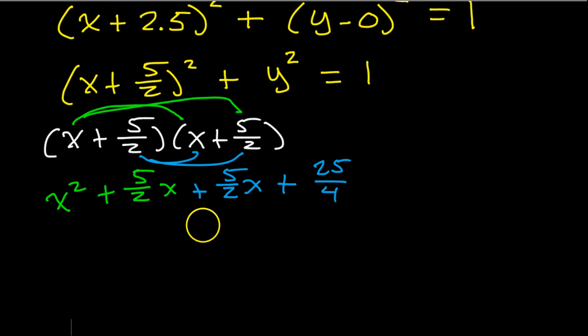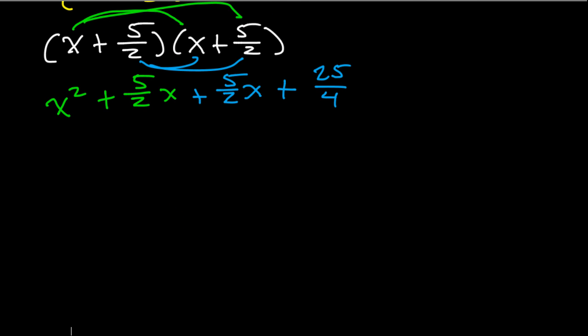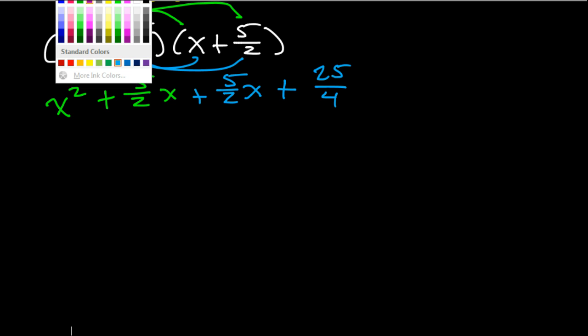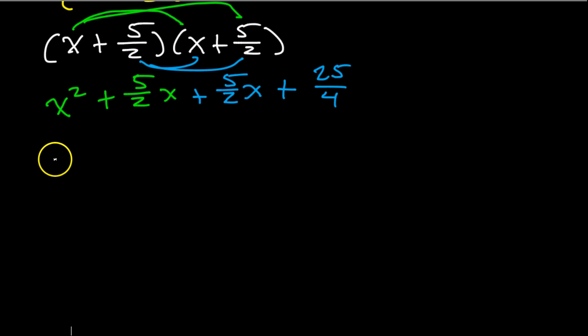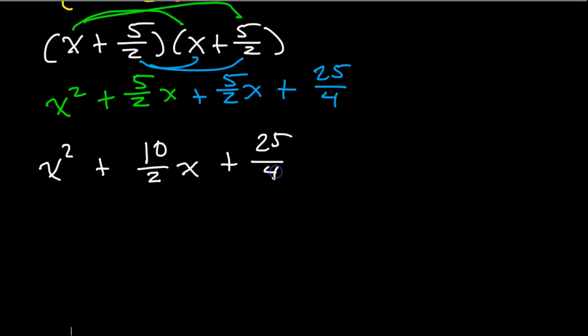Combining these like terms here is going to give me the following. So I'm going to have x squared plus 5 over 2 plus 5 over 2 is 10 over 2, which I'm going to reduce in a second. So this is 10 over 2x plus 25 over 4.